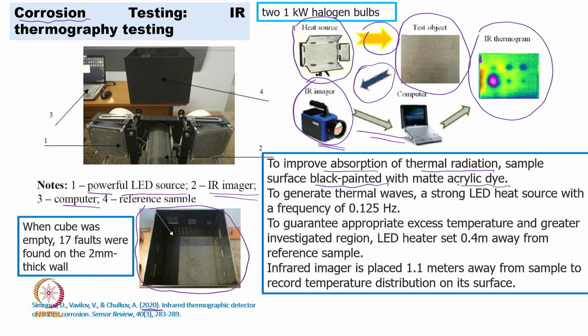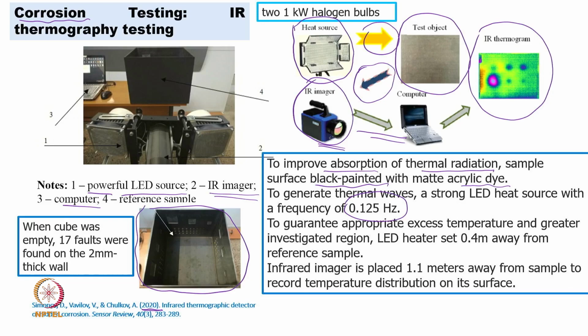In this reference they used a matte acrylic dye, and as I mentioned, they used a powerful LED as the heat source, and then they kept a very low frequency. Another thing, the distance of the heat source and the distance of the camera, are also parameters which really affect the results.